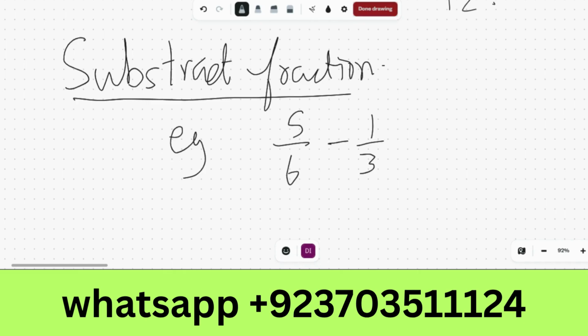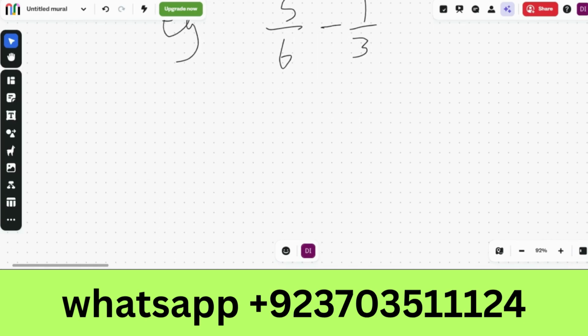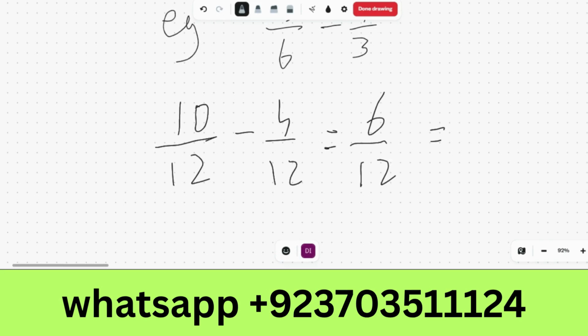First we will take the LCM like we did in the last question, that is 6, and that would be equal to 5 by 6 minus 2 by 6. So that would be equal to 3 by 6, and that will give us 1 by 2.